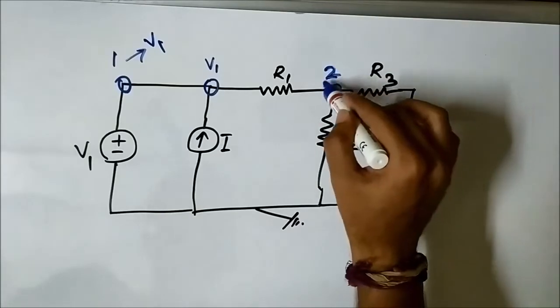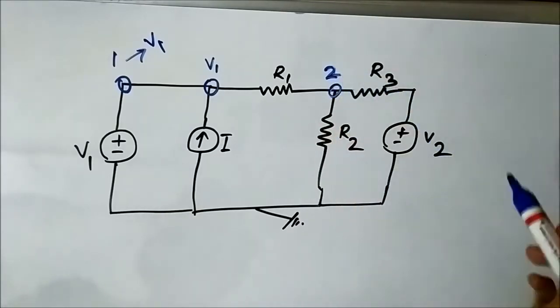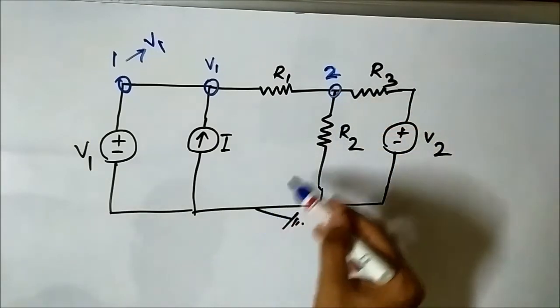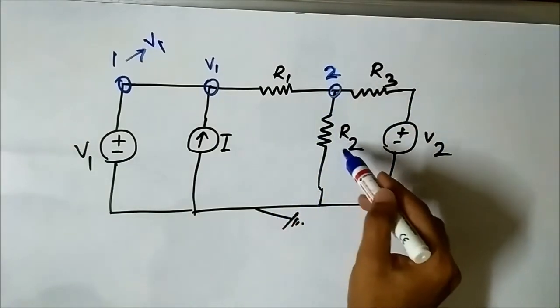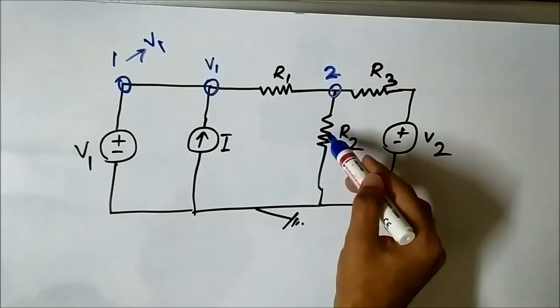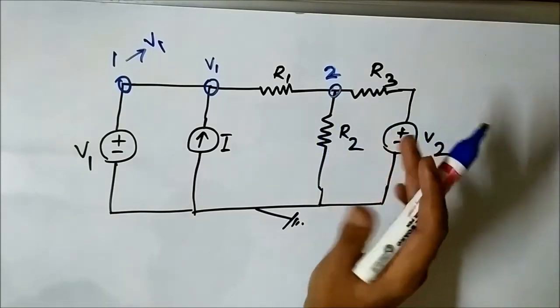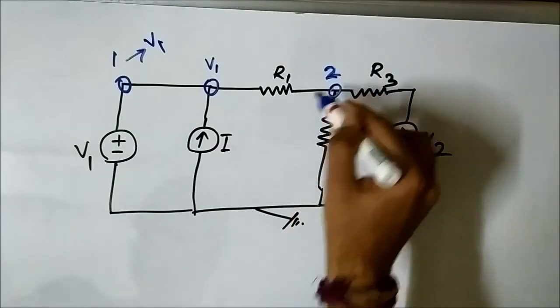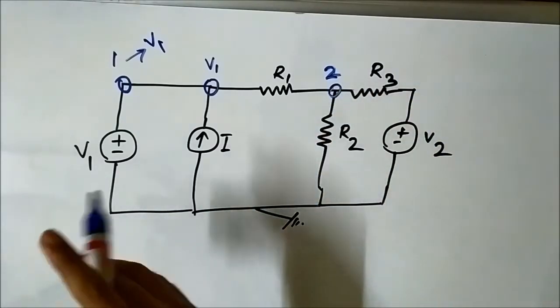So the voltage cannot be V2, it cannot be V1. Also, in between ground and this point there is a resistor R2 present, so there will be some voltage drop. So here it is not 0 volt either.